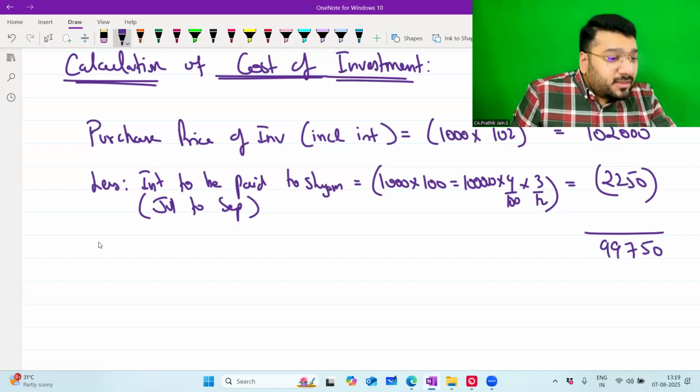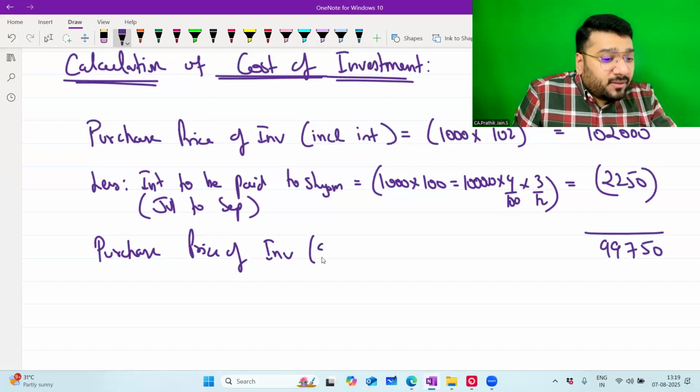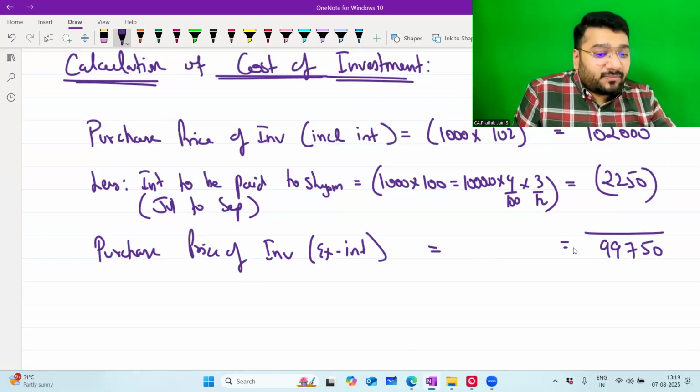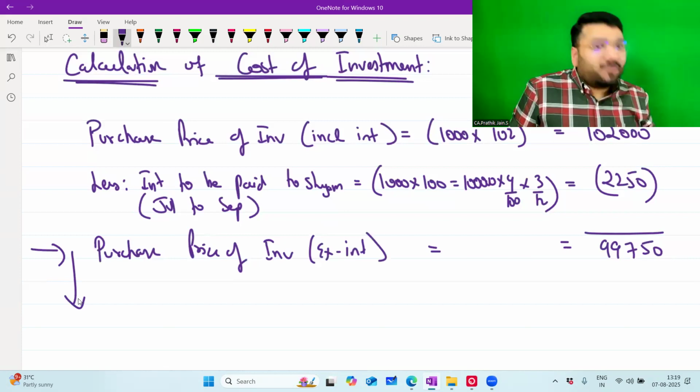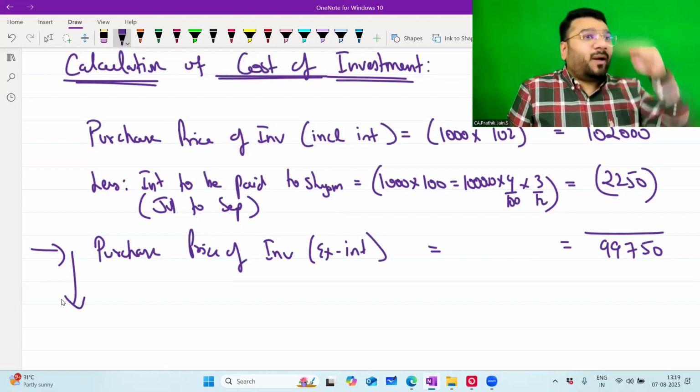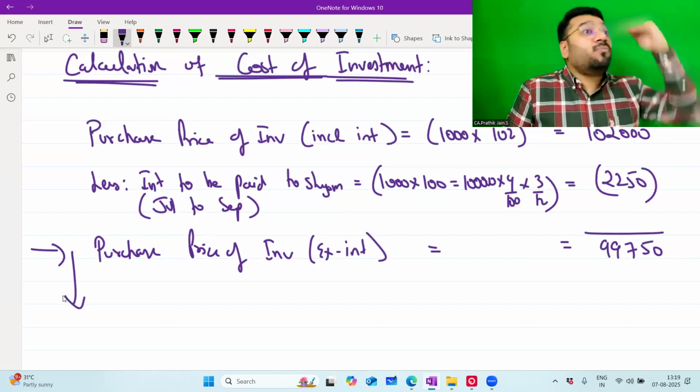This is called purchase price of investment X interest. And this was what was given in the previous question. In the previous 2 questions, they gave you from here. You continue the question from here. In this question, we got one step ahead. We got one more extra thing to do.